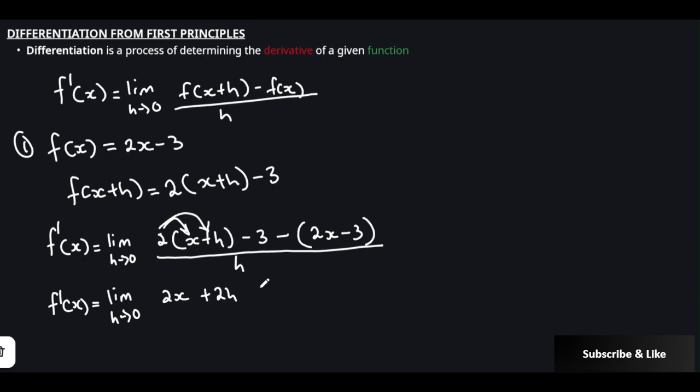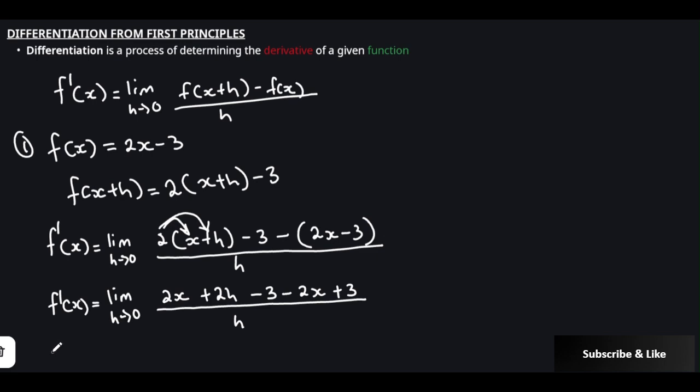So we just expanded those brackets there, and then we have minus 3 there. And then here, let's multiply everything inside this bracket with the negative. So negative times 2x is going to give you negative 2x, and negative times negative 3 is going to give you plus 3, guys. And then you're going to have all of these divided by h.